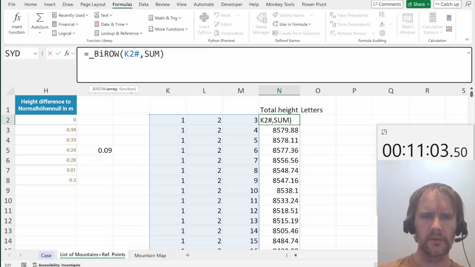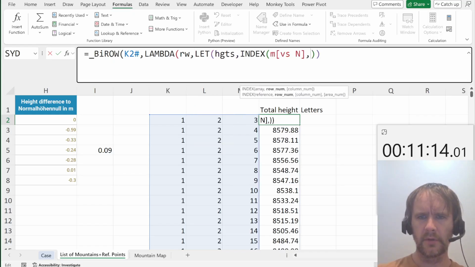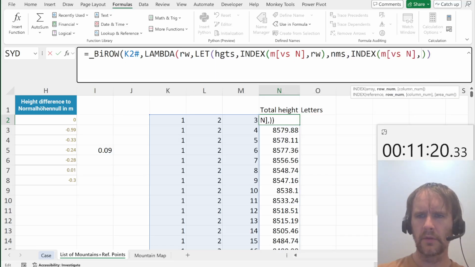BYROW that, LAMBDA row, and let heights be this. Names can be the same thing, but for mountain. I guess we can just go straight to LEFT of that.